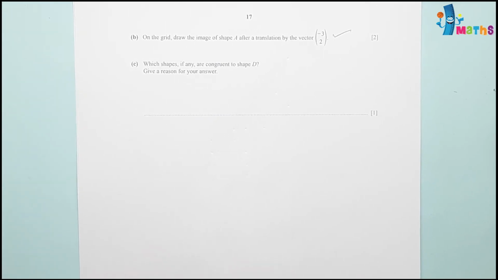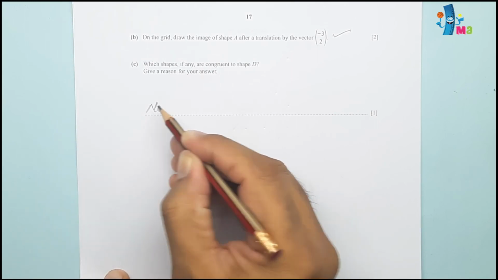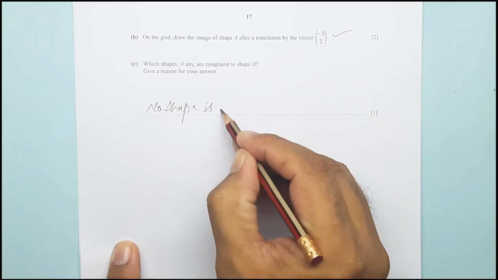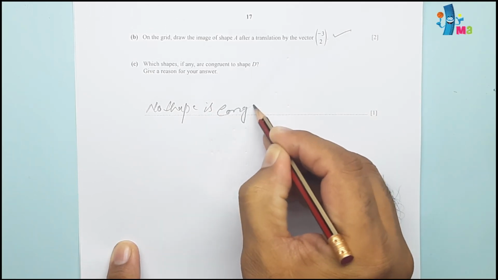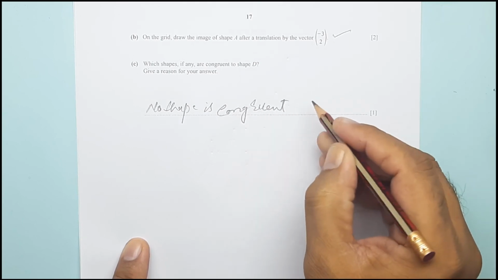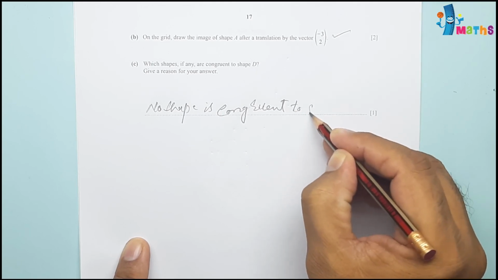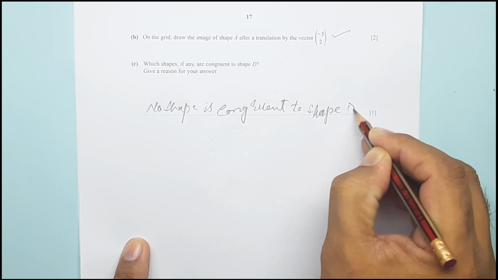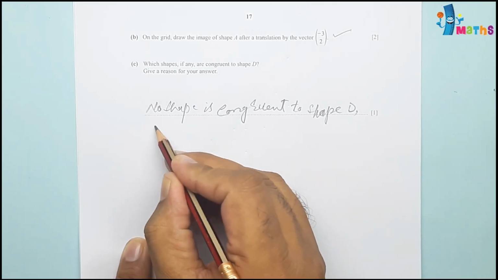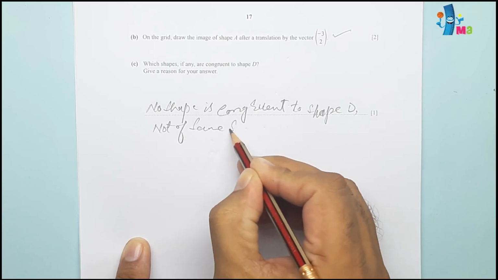So we can easily write that no shape is congruent to shape D because not of the same size.